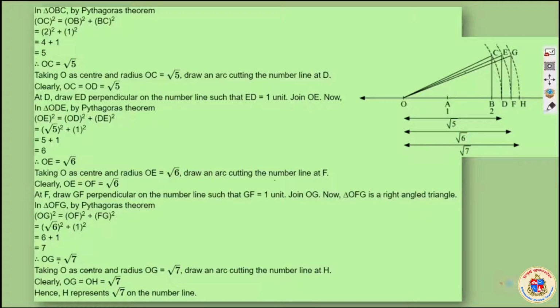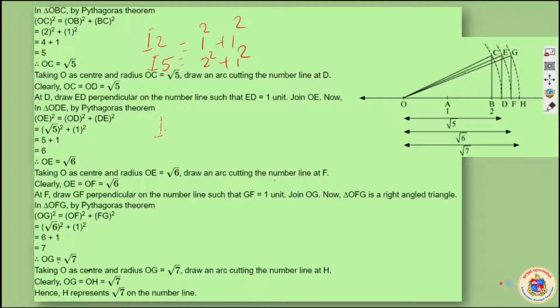You will keep on adding one unit and go ahead. In order to get root 2, we had the sides 1 square plus 1 square. Understood? In order to get root 5, we had 2 square plus 1 square. Correct?